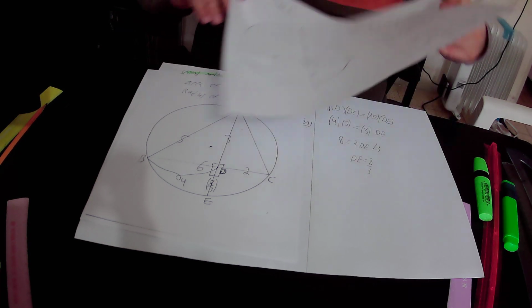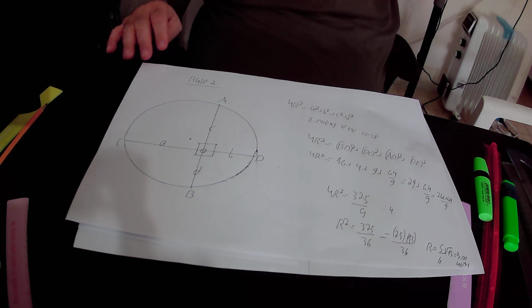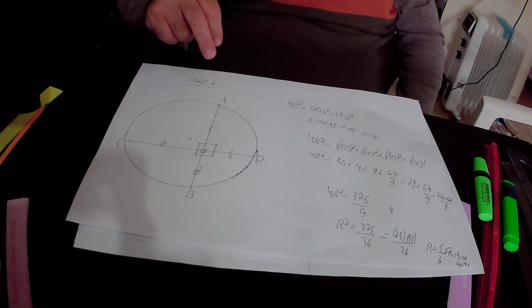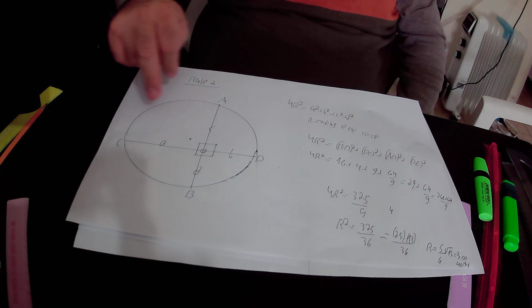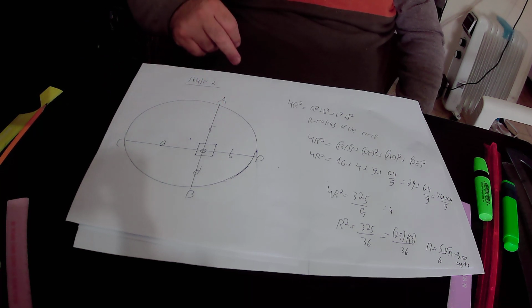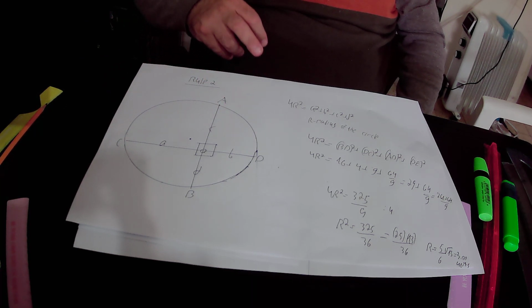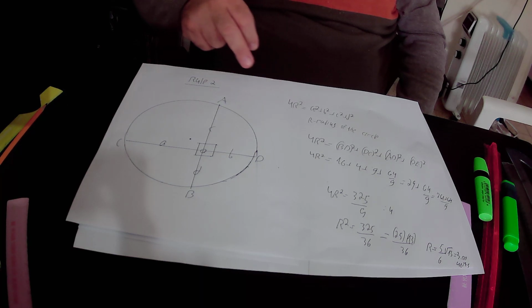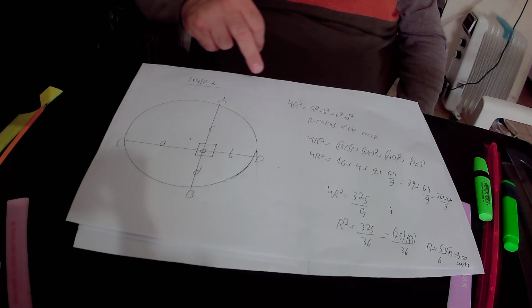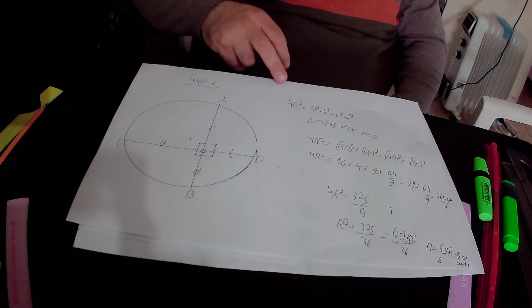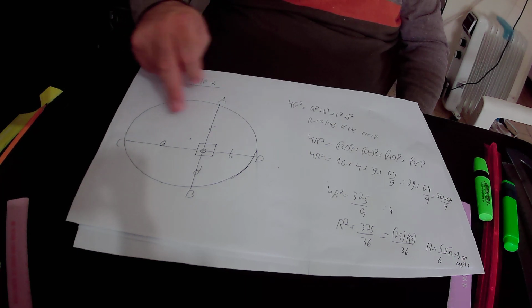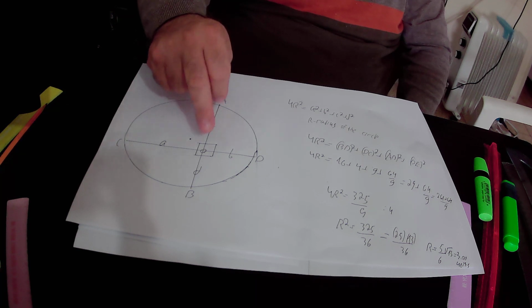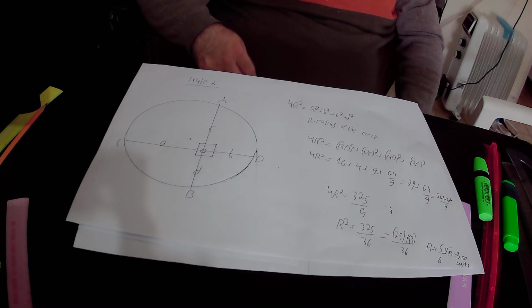Then I presented to you rule number 2. According to rule number 2, if chord AB intersects with chord CD at 90 degrees, then the following equation is true: 4 times r squared, where r is the radius of the circle that contains the two chords, equals a squared plus b squared plus c squared plus d squared. Okay?